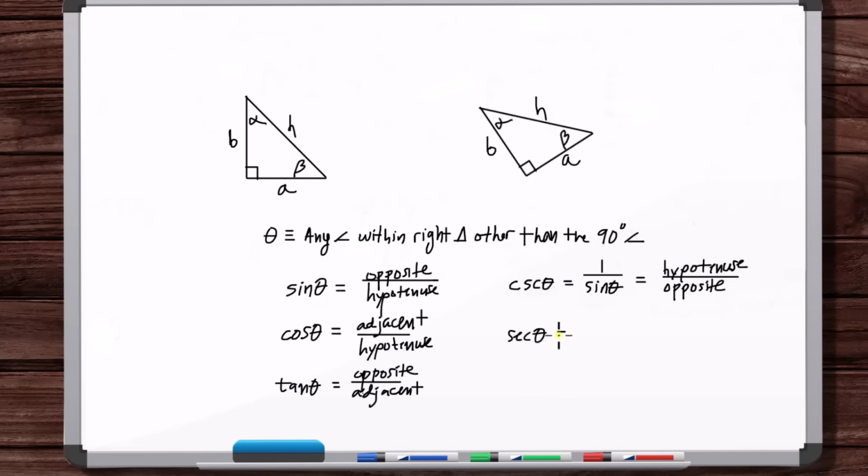Secant theta is 1 over cosine, which is going to be hypotenuse over adjacent. And then cotangent theta is 1 over tangent. Adjacent over opposite.